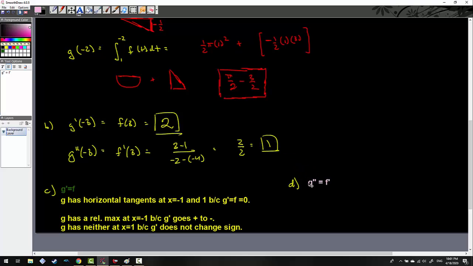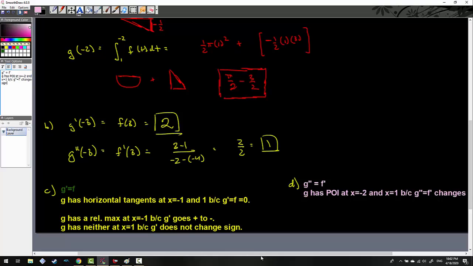Again, I am establishing that relationship. That way they know that I am clear on what I know. g double prime equals f prime, and then I will say g has points of inflection at x equals negative 2 and x equals 1, because g double prime equals f prime changes sign.